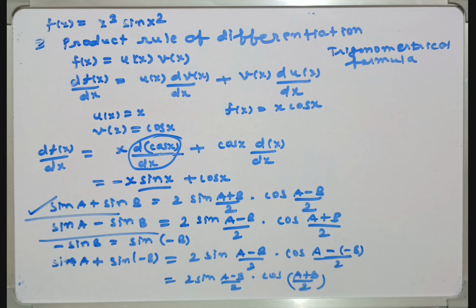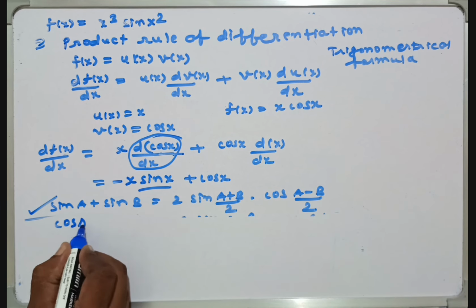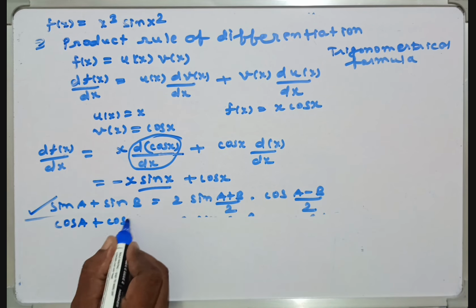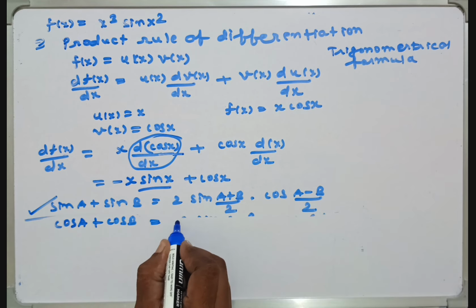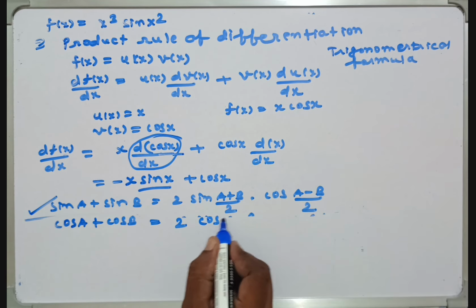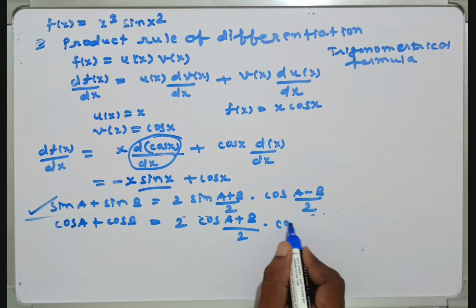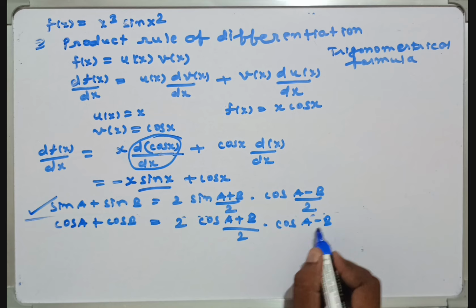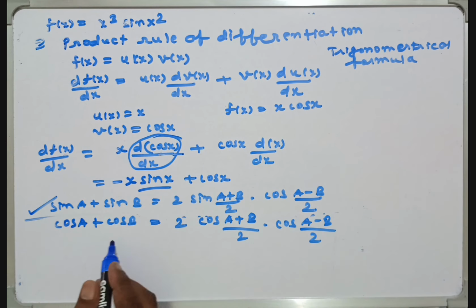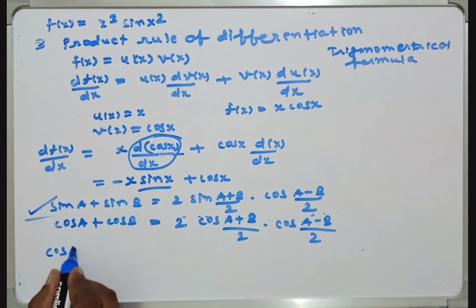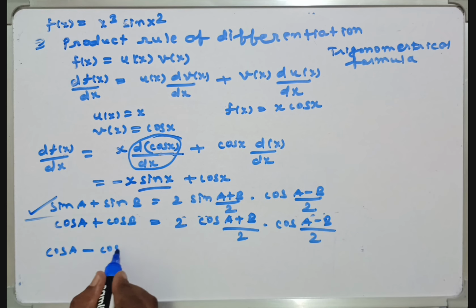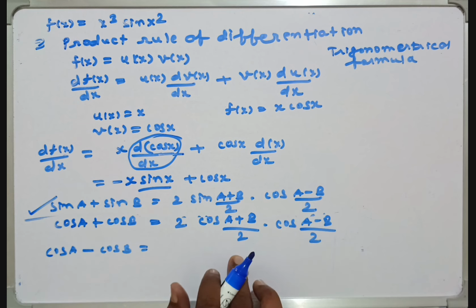Okay. The third rule: cos A plus cos B, you can write it as 2 times cos((A+B)/2) cos((A-B)/2). Or guys, suppose this is cos A minus cos B, then what will be the formula?